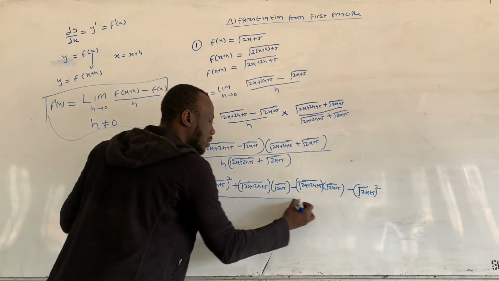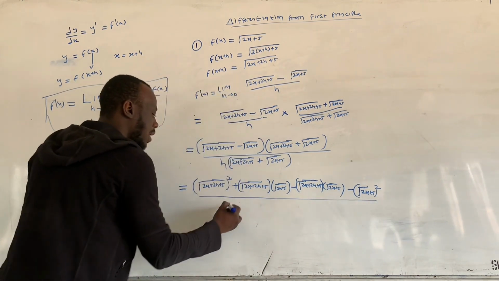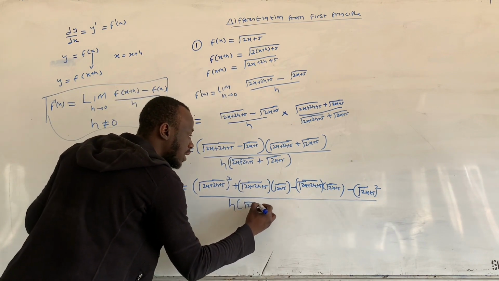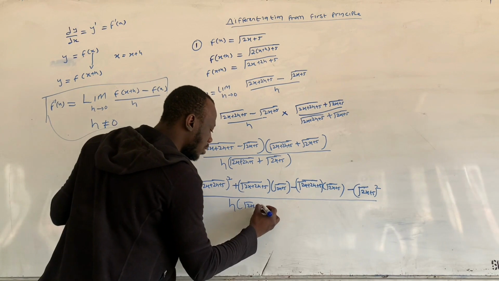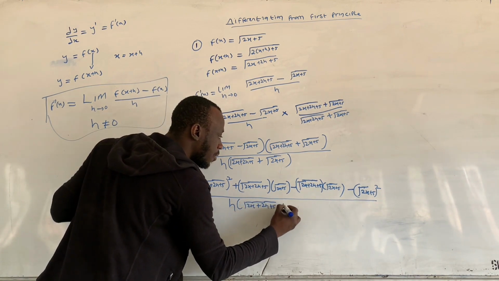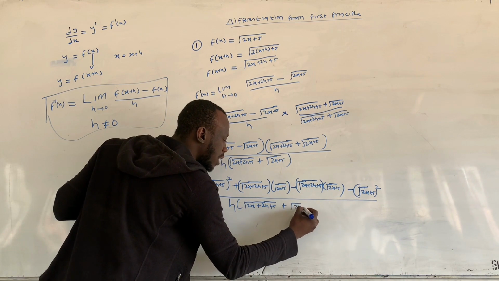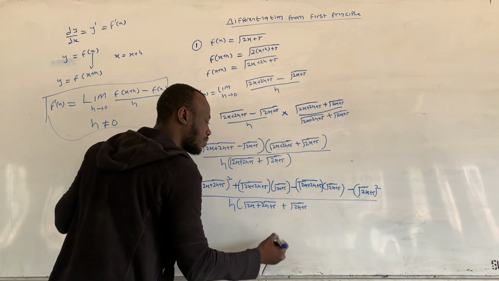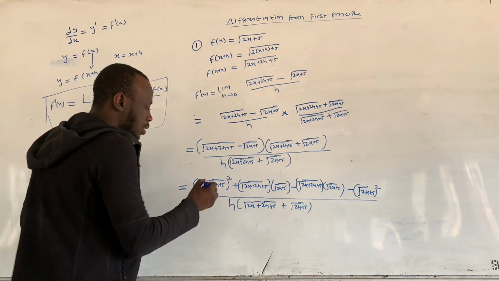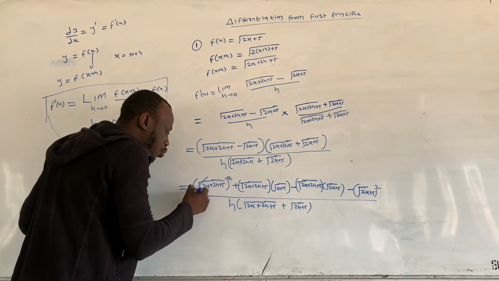All over h times root 2x plus 2h plus 5 plus root 2x plus 5. So now, square always cancels out root.